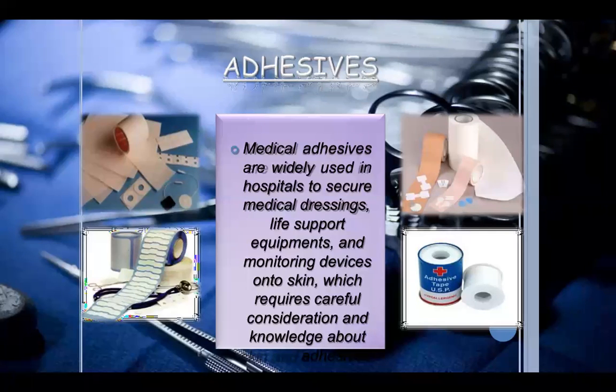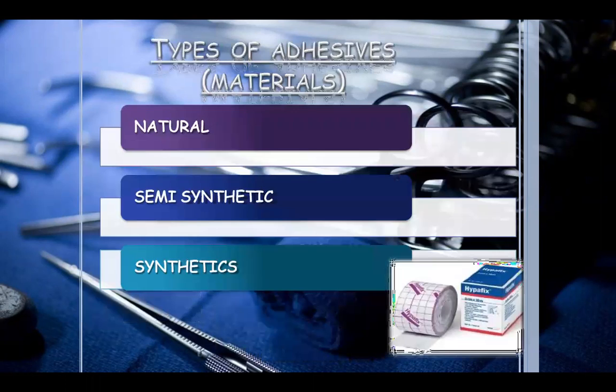Medical adhesives are widely used in hospitals to secure medical dressings, life support equipment, and monitoring devices onto skin, which requires careful consideration and knowledge about adhesives and tapes. These adhesives are natural, semi-synthetic, and synthetic types.